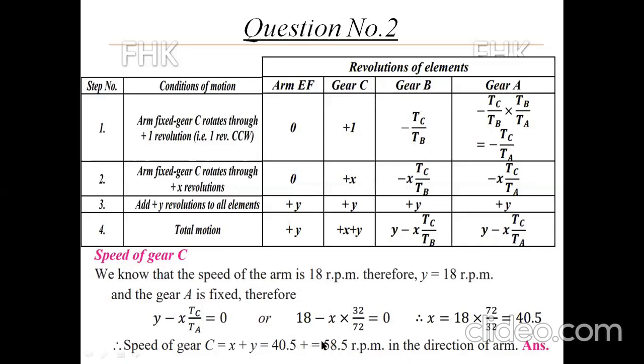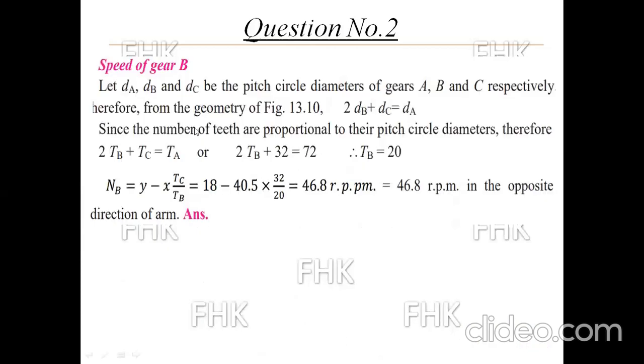The answer has a plus sign, so it is in the direction of the arm. As the arm has a plus sign, gear C will rotate again in the anti-clockwise direction. Now we have to find out the speed of gear B.